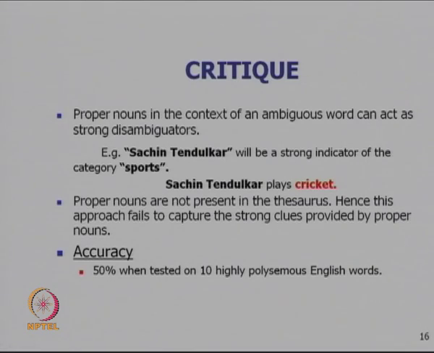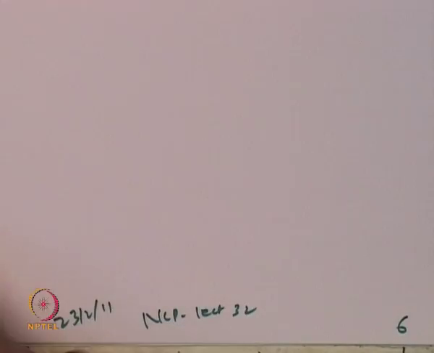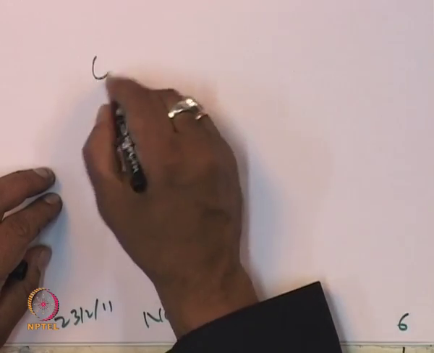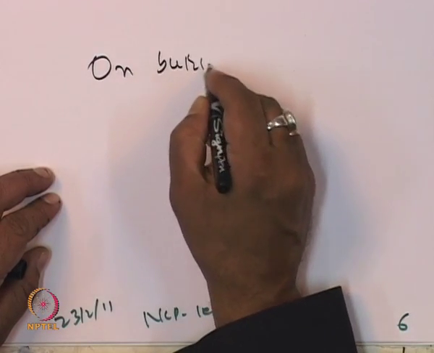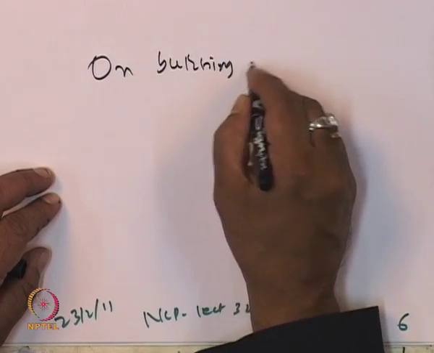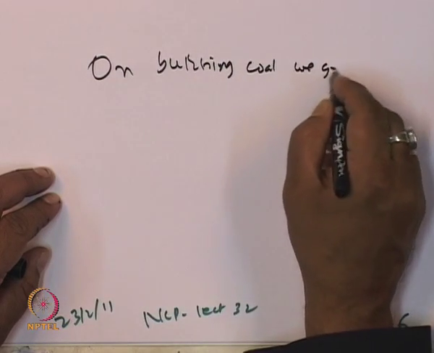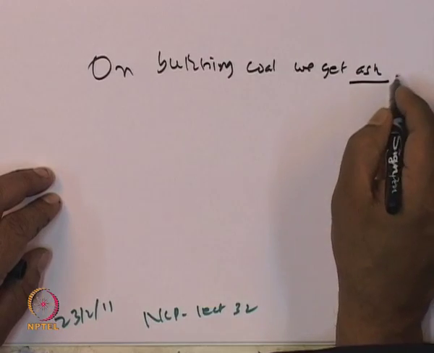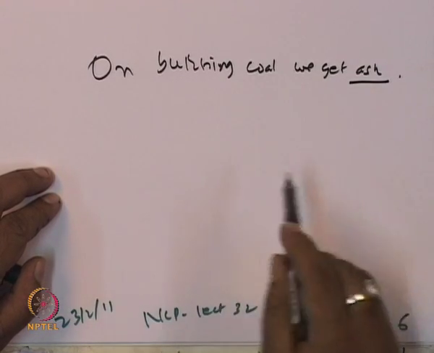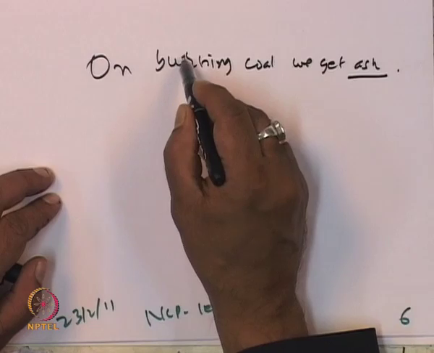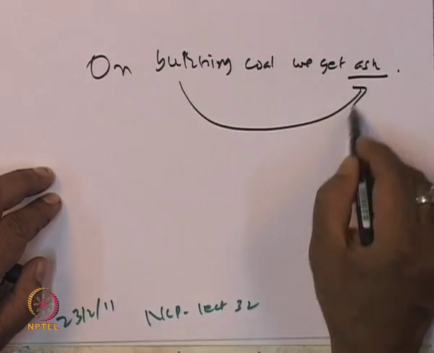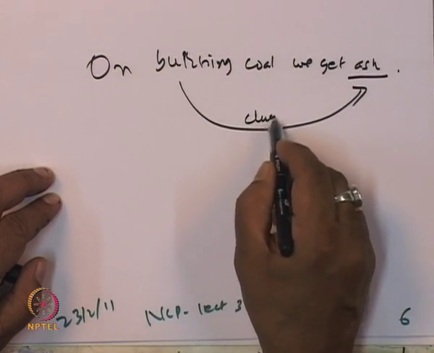So, our sentence was on burning coal we get ash. This is the one to be disambiguated, okay, and the clue was coming from burning. So, this is the clue word, clue.